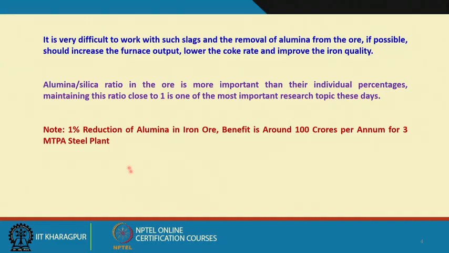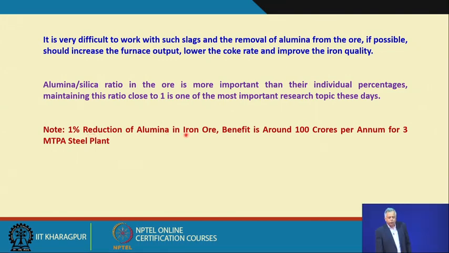The last note, in terms of finance: a 1% reduction of alumina in iron ore, only 1%, the benefit is around 100 crores per annum. 100 crores means, it is an Indian unit we use, 10 to the power 7.